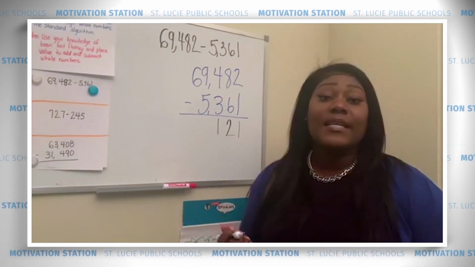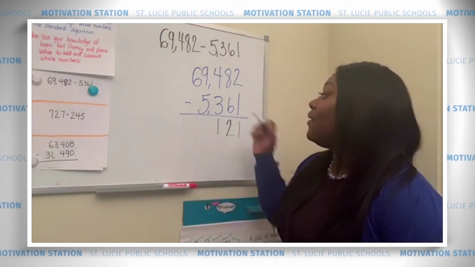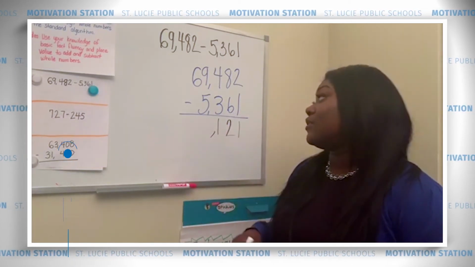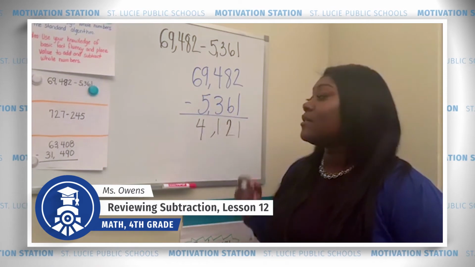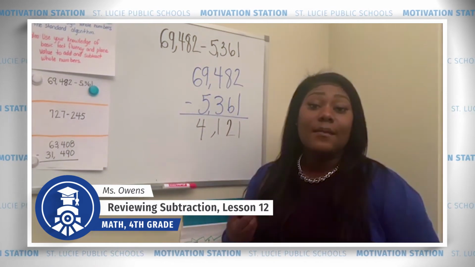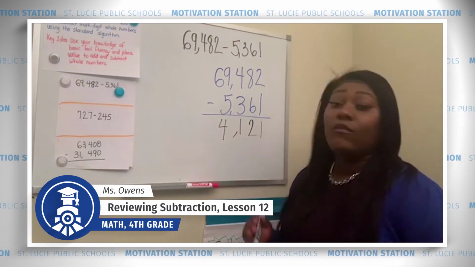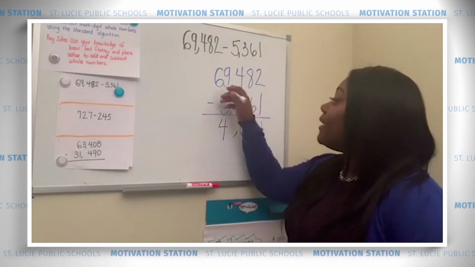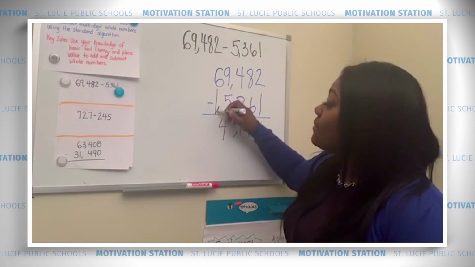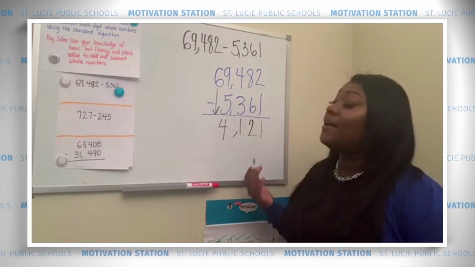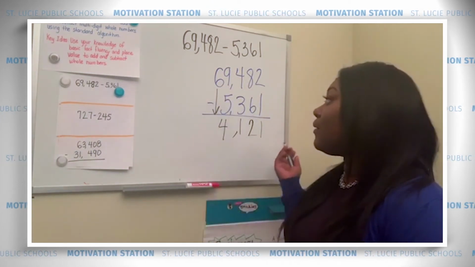In the thousands place, I have 9 thousands, and I'm going to subtract 5 of those thousands. That will leave me with 4 thousands. And in the 10,000s place, I'm not subtracting anything because I don't have anything to take away.